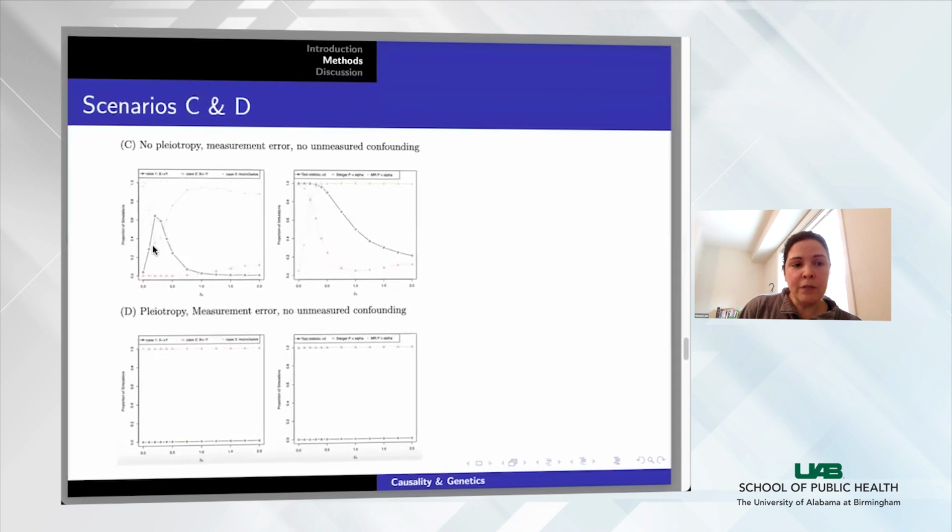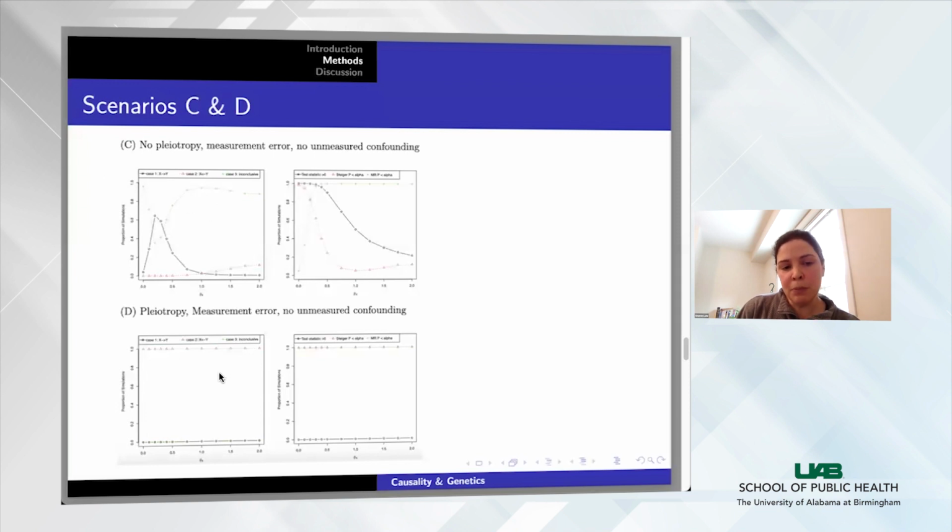Then when we have no pleiotropy, measurement error, and no unmeasured confounding, we're still seeing the right effect direction with the MR-Steiger approach for most of the scenarios, although out here, for a very high increase in beta X, it starts to detect the wrong direction. And for a lot of the simulations, it's inconclusive.